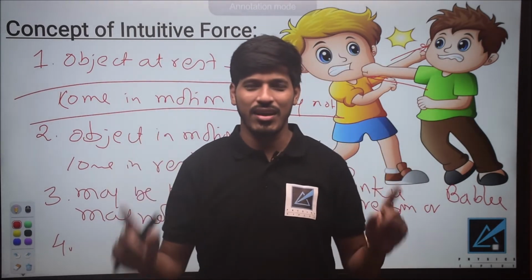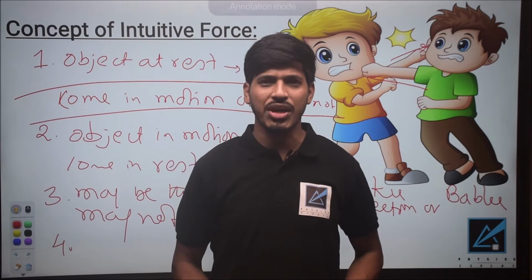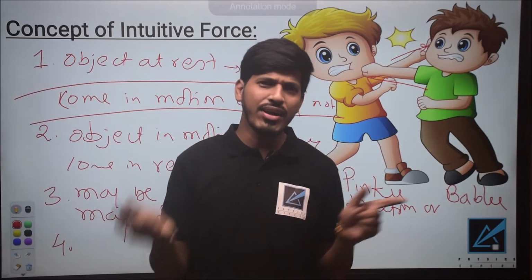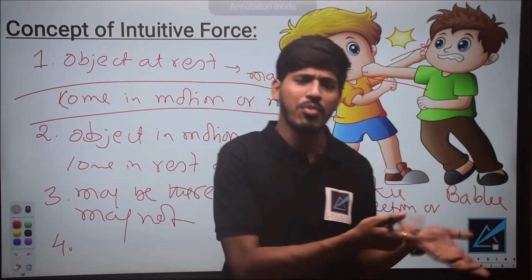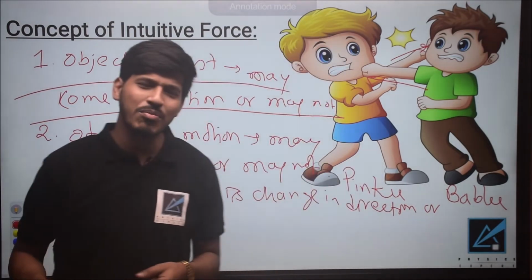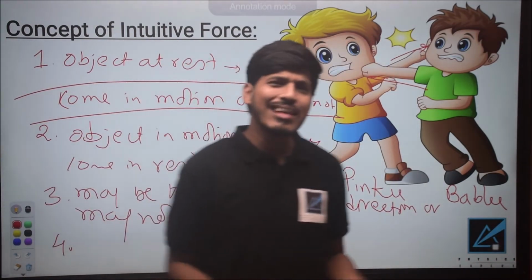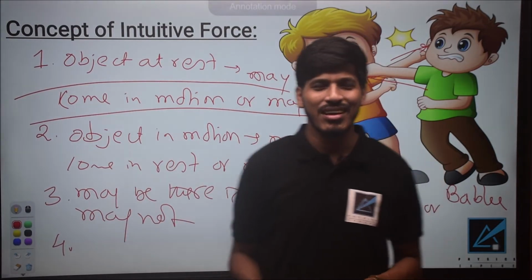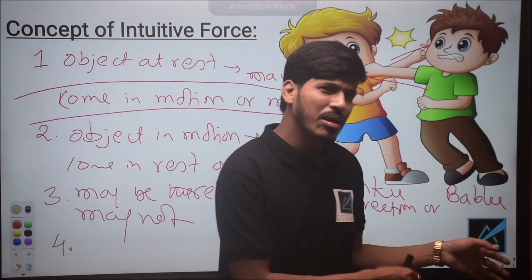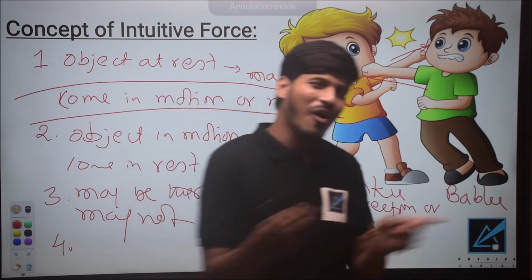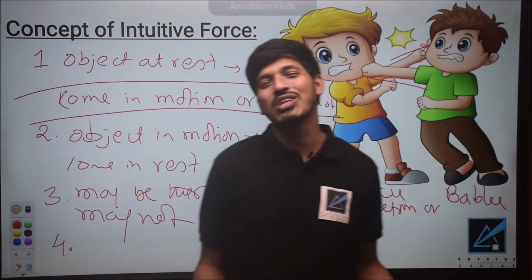I repeat it again. If the object is at rest, it has a tendency to move or moves. If the object is in motion, it may stop or has a tendency to stop. Moving in a specific direction, it may change its direction or only tends to change its direction.